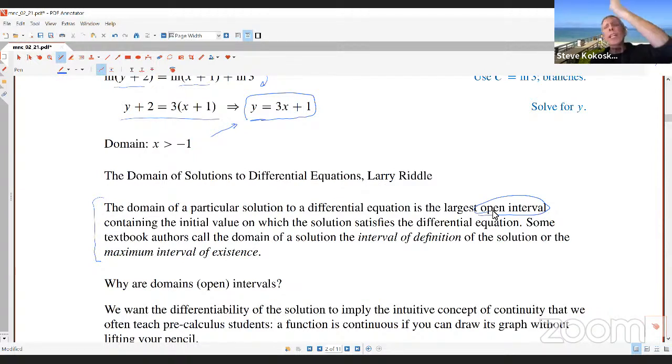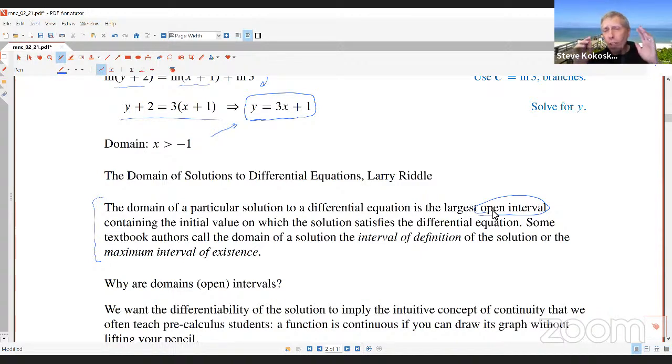So why does it have to be an open interval? Well, let's just think geometrically for a minute. If I'm reading the Facebook page correctly, many teachers are now talking about slope fields and teaching slope fields. So imagine a slope field, and I have the initial condition on that slope field, and now I'm going to use that slope field to sketch in my solution curve.